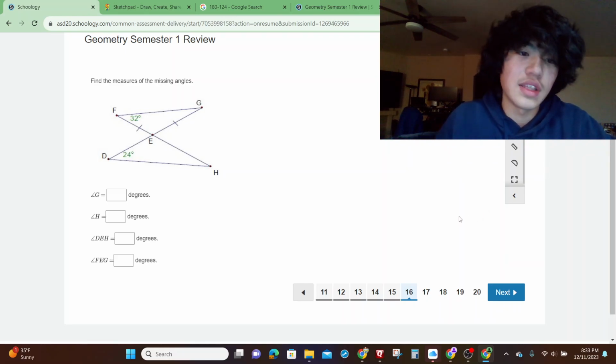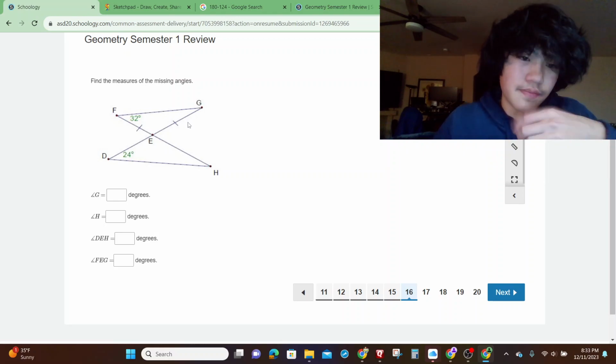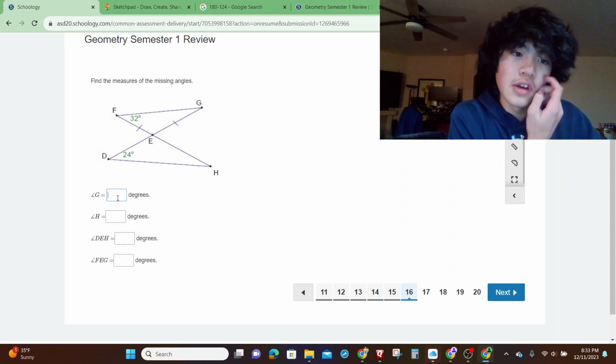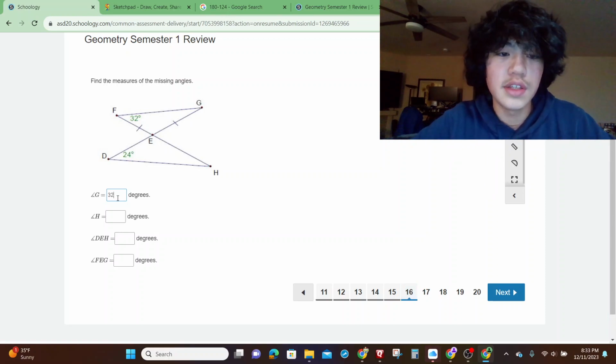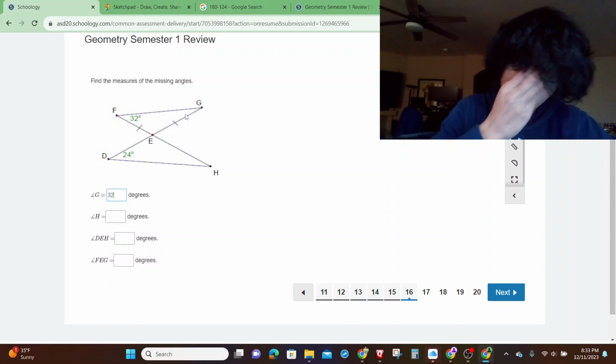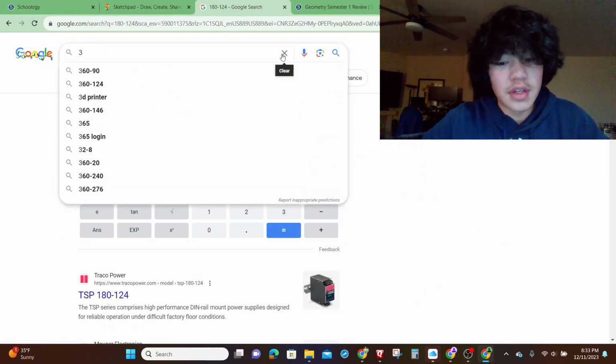Okay, so this one says find the measures of the missing angles. Right away, we see these two marks, meaning that they're congruent. So F and G are congruent, so they're going to have the same measure. So G equals 32. Now, remember, triangles always add up to 180 in their angle measures. So 32 plus 32 is 64.